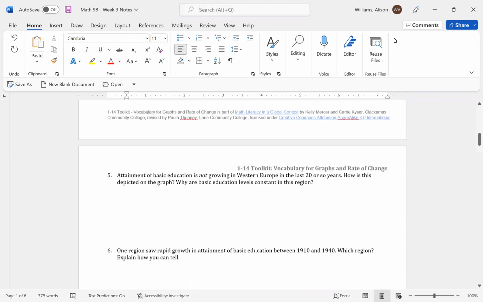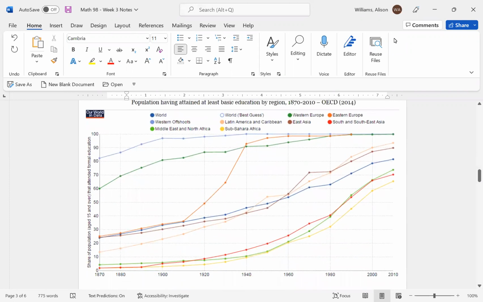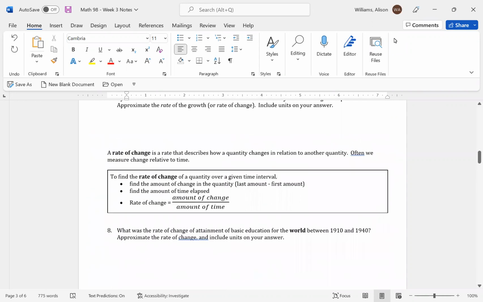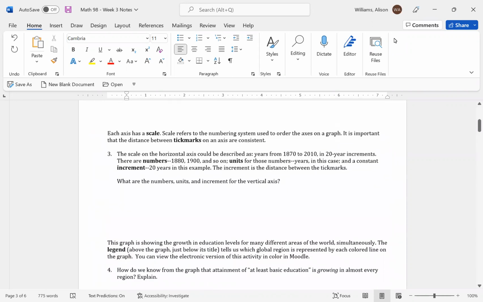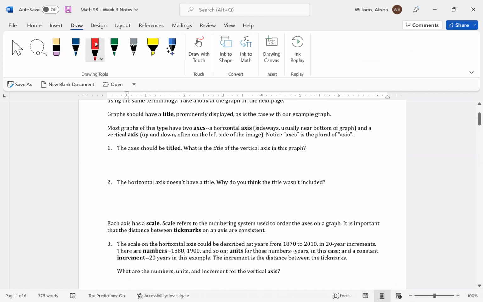So I'm going to scroll over to that. On this particular graph, my vertical axis on the left says share of population aged 15 and older that attended formal education. So I'm going to put share of population that attended formal education. I won't include the parentheses, but you can. I'm just not going to because when I write, it's so much bigger than most people.